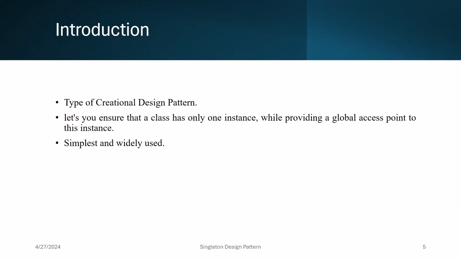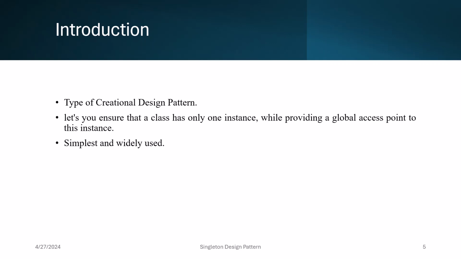As I said, it is a type of creational design pattern, and it is one of the very simple and widely used design patterns. This design pattern lets you ensure that a class has only one instance while providing a global access point to this instance. This pattern involves a single class which is responsible for creating an object while making sure that only a single object gets created.